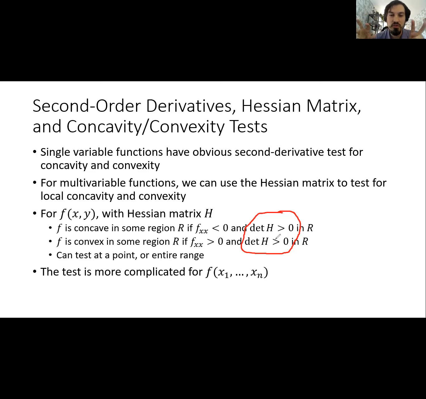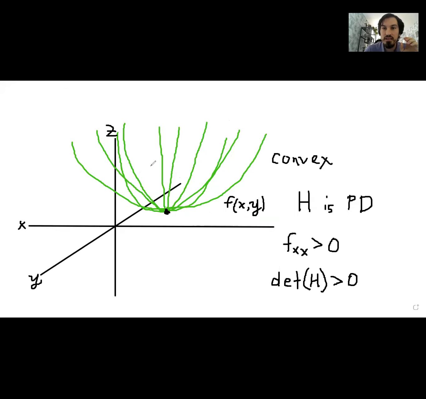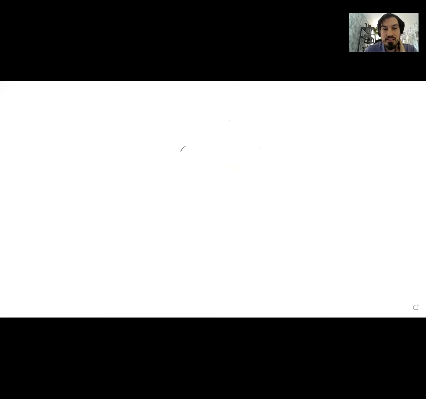I'm glad you asked this, Jordan, because when you have multiple dimensions, you could think of a saddle point. Do you know what a saddle point is? Can I draw it? I'm going to be awful at drawing it, but I still want to try. Here's what I think a saddle point looks like. In this axis, it looks like this, and in this axis, it looks like this.